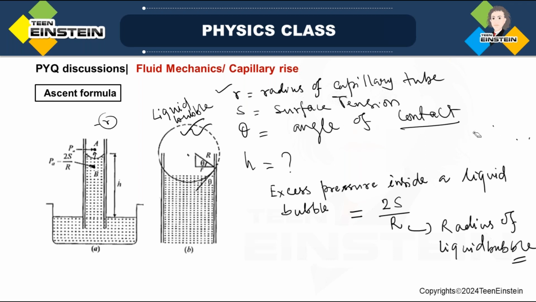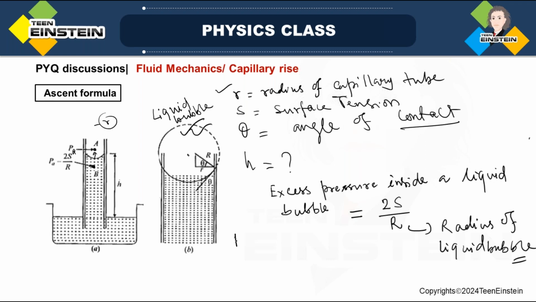At this position there will be excess pressure. How much? This much. If I say the pressure at A is just PA, then what will be the pressure at B?